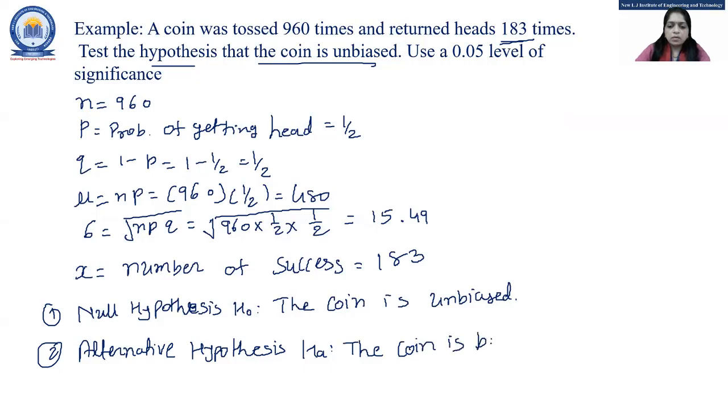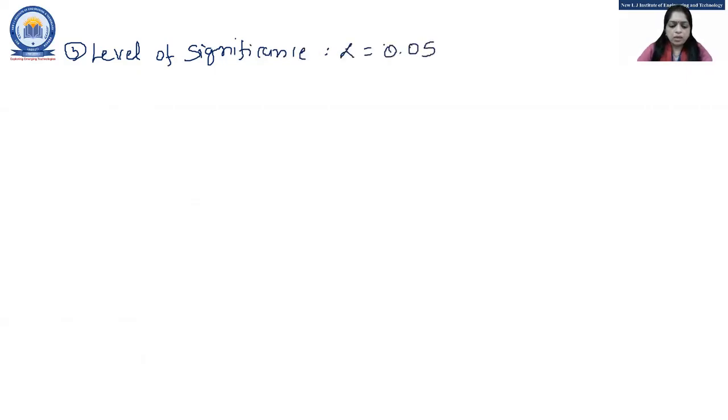Now we'll move to the level of significance. As given, our level of significance alpha is equal to 0.05. Okay, now the next step is the test statistic.